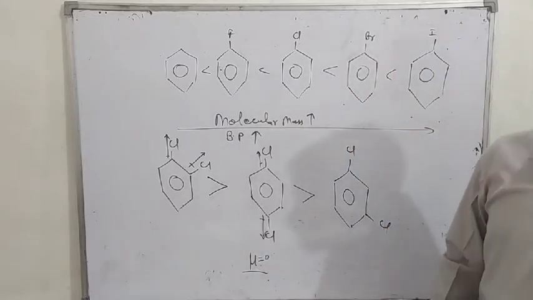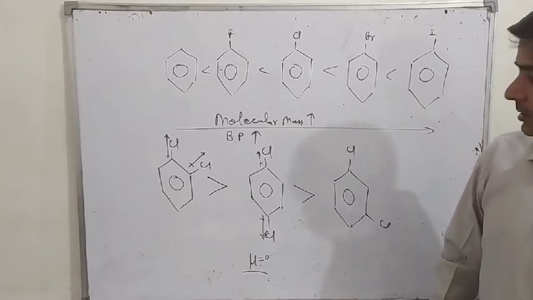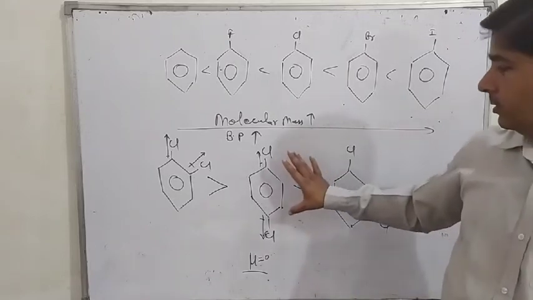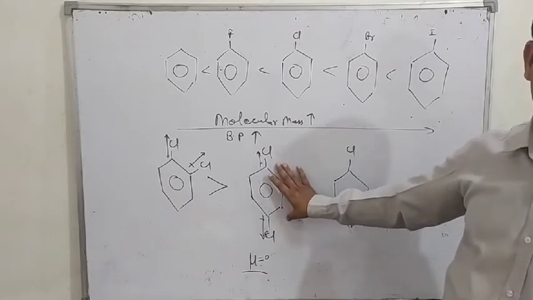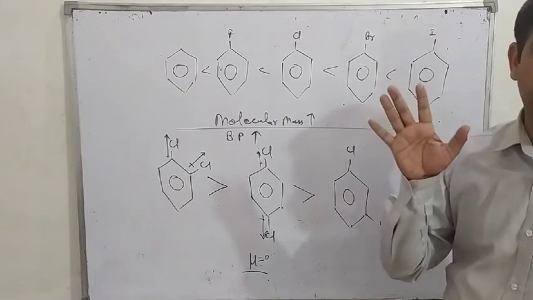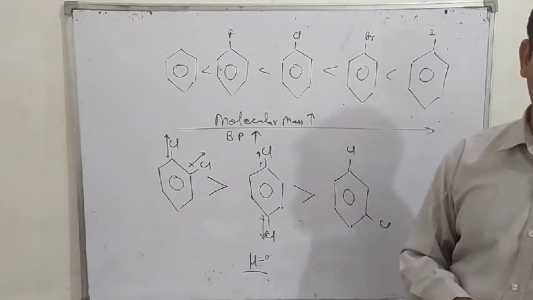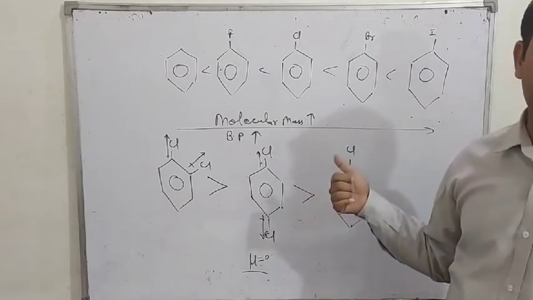But why its boiling point is greater than metadichlorobenzene? Okay, the reason is, this is very important question. The reason is, in case of paradichlorobenzene, this compound is symmetrical, and symmetrical compound accommodate themselves in a crystal with a well-mannered way or well packing. So that's why it has greater boiling point.